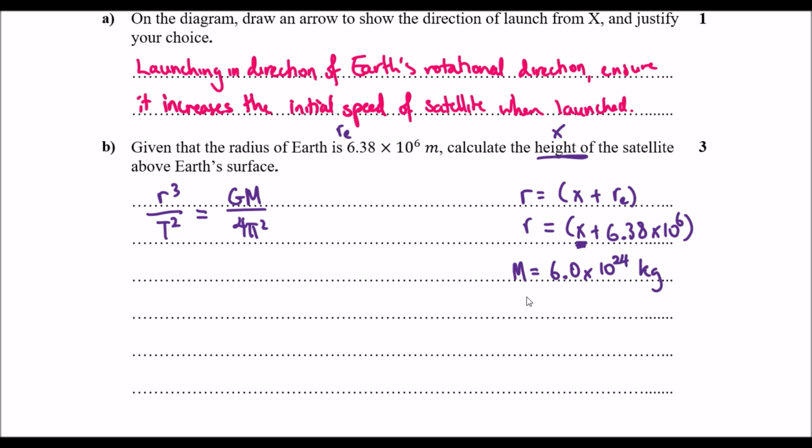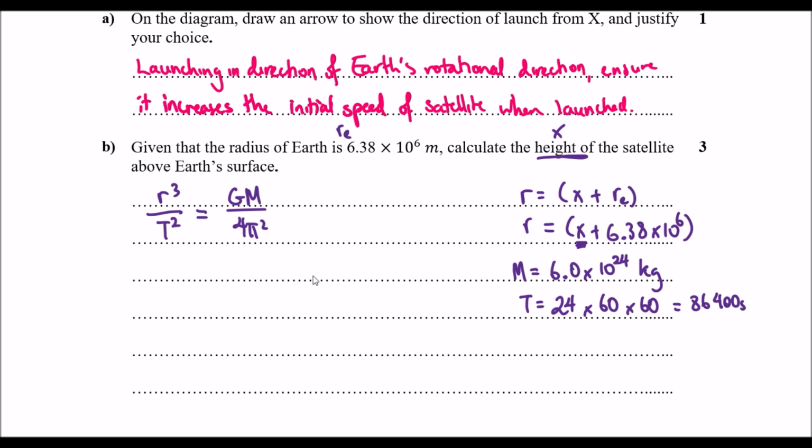And I know that the orbital period is 24 hours, but we need to convert this into seconds. In 1 hour, there are 60 minutes, and in 1 minute, there are 60 seconds. That gives us 86,400 seconds.